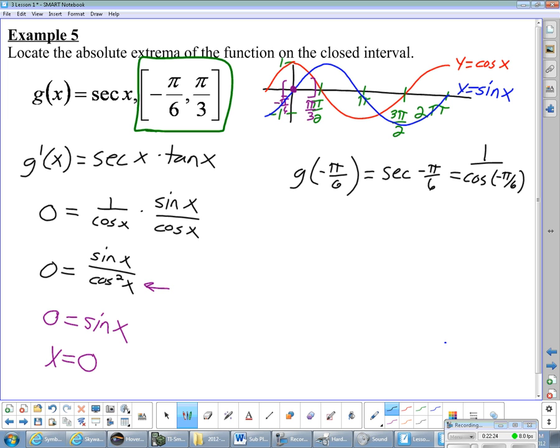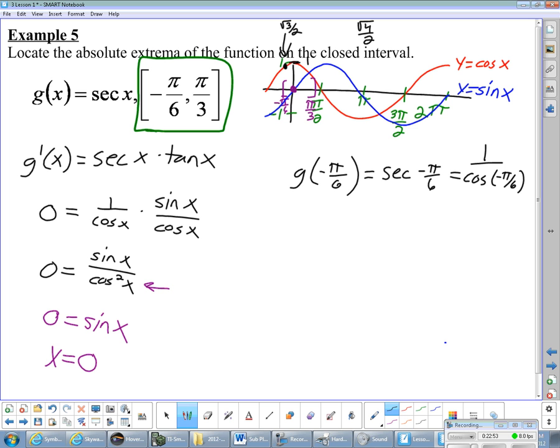I know you have some issues with this, but look back at the graph of cosine x, because if you can switch everything into sine and cosine, you can figure this all out. Then just remember that you're going uphill, downhill. Negative pi over 6 is going to be this spot, which is really close to 1. Now 1 is the square root of 4 over 2, and if you go back one step on the trig function, this is going to be the square root of 3 over 2.